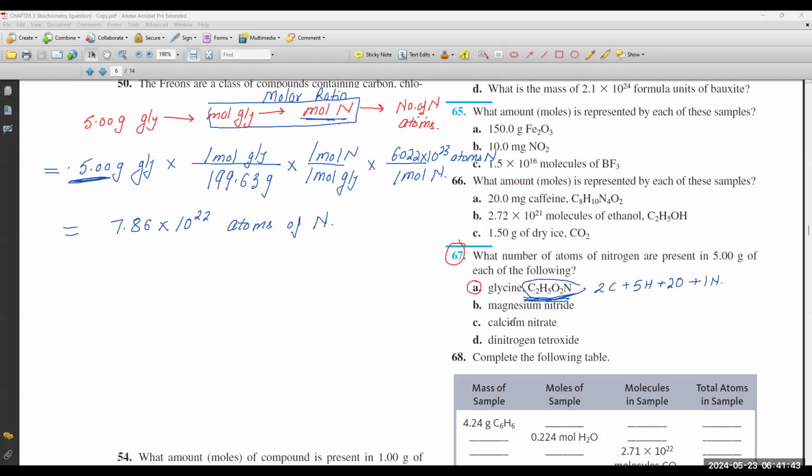Okay, now we are going. How did you get the number for the molar mass? The formula is given here. I explained here. See, Amodita? This is the formula of the glycine.